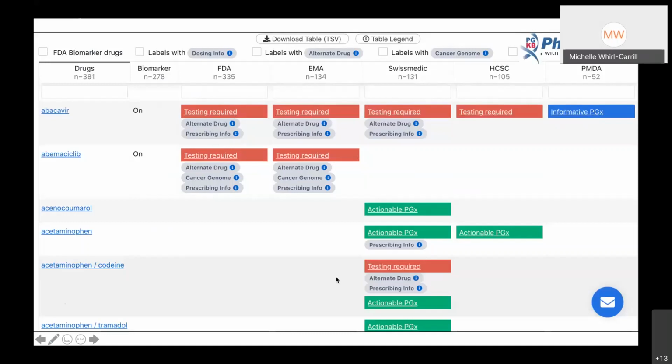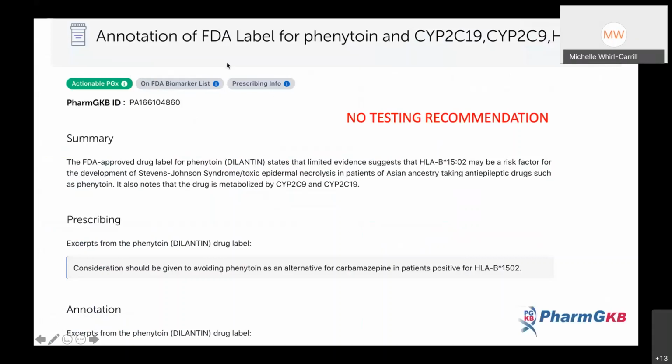So this is supposed to give somebody just an overview right away by looking generally, okay, what are maybe the drugs that are standing out on drug labels as having the most important PGx information. But you can dive down into each one of these. You can click on one of these and get more information. So for example, if I clicked on the FDA label for phenytoin, I get a summary. I have a little excerpt about what we think at PharmGKB might be important for a clinician who's prescribing to know.